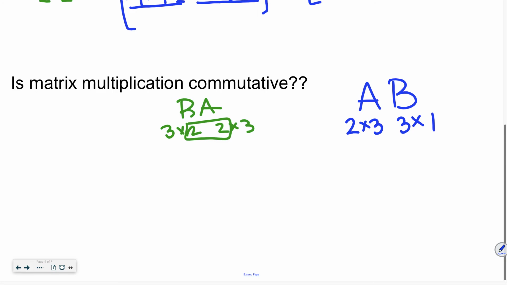Okay. Now, in the case where you have a square matrix times a square matrix, like a 2 by 2 and a 2 by 2, A times B and B times A would have the same order, but you're not going to get the same numbers because you're multiplying different entries together. Okay? So no matter what, it's not going to be commutative.